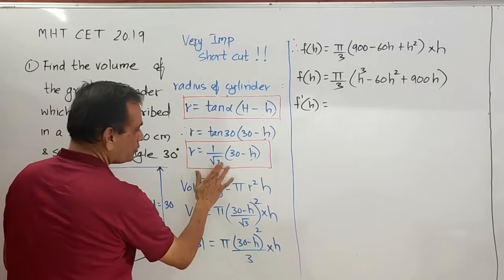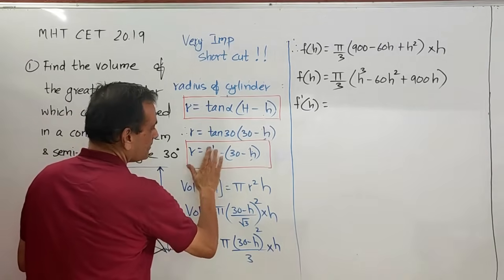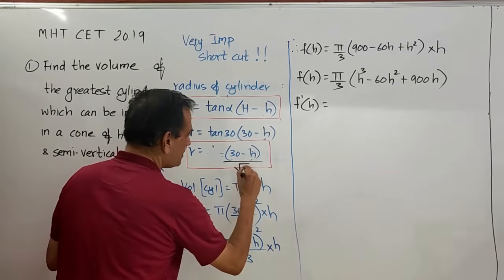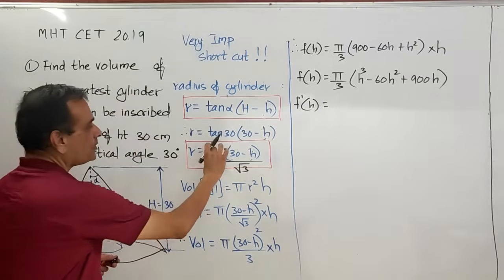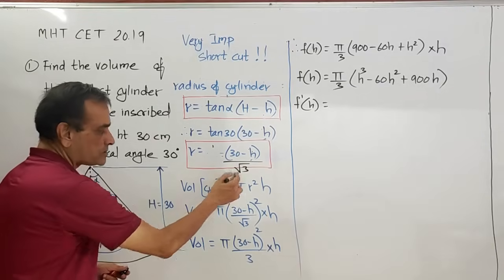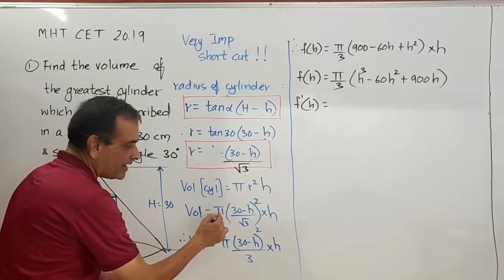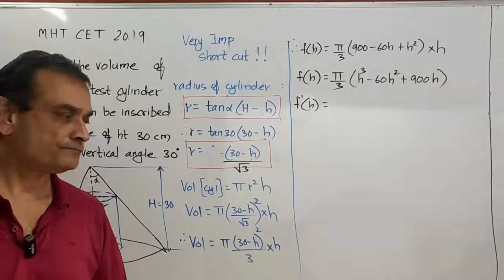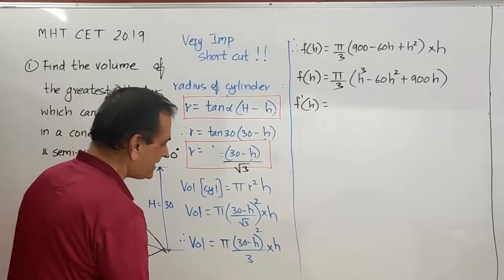Meaning, ये root 3 यहाँ पे ले सकते हैं हम लोग. (30 minus h) upon root 3. 1 upon root 3 goes in the denominator. So, this is the value of R. ऊपर square है into h. Followed? Let us expand.